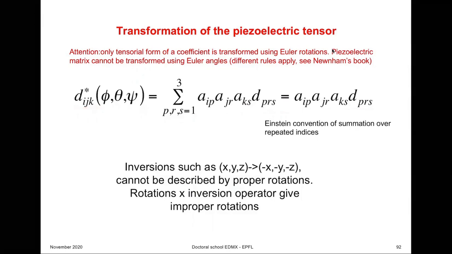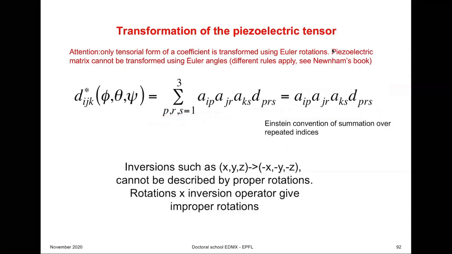If you work with matrices, then different transformation rules apply, and you can find this in Nye's book. Also, we use here the Einstein convention of summation over repeated indices, so we drop the sigma sign. So this and this are exactly the same. We simply drop sigma if indices are repeated.